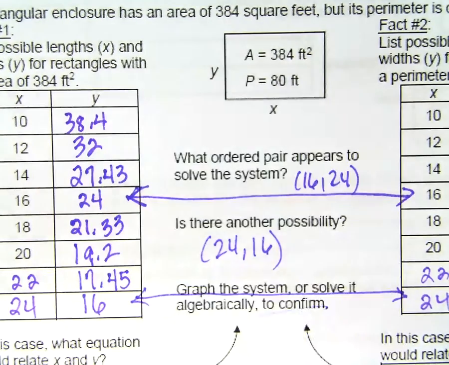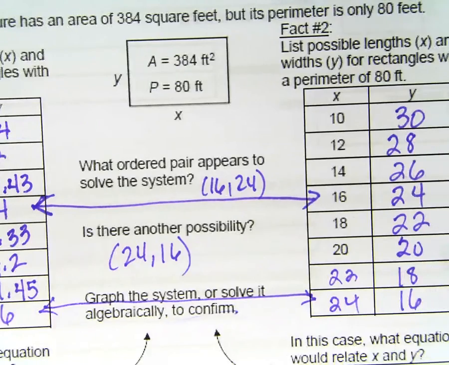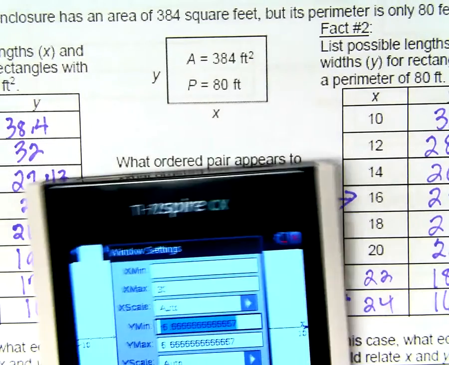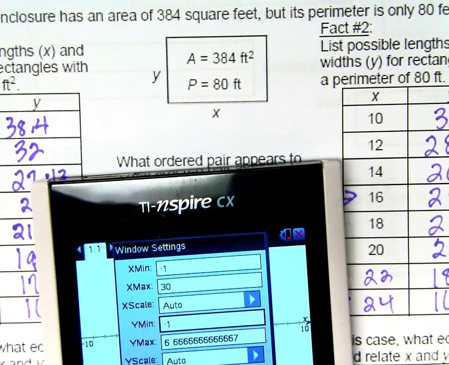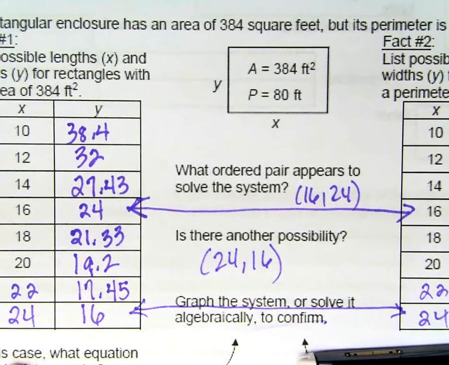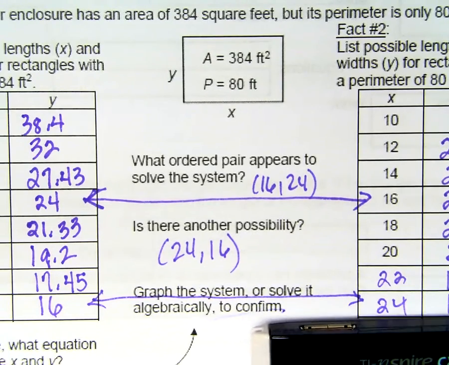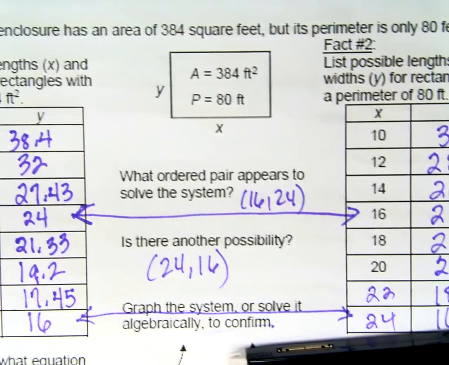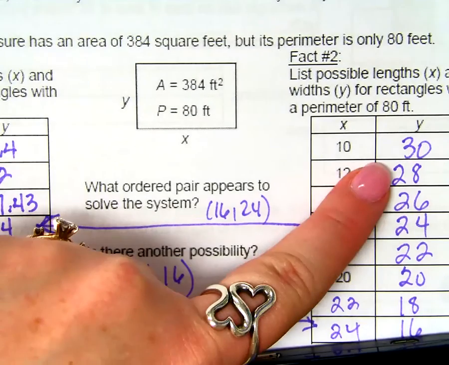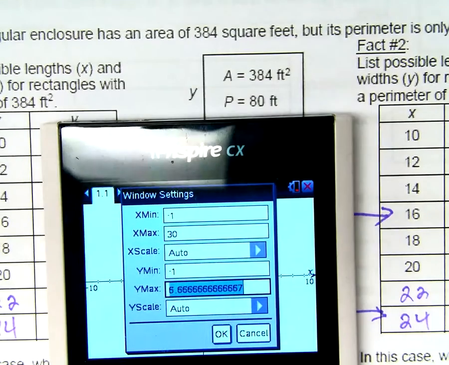What about y minimums? Do I need to go negative? Okay, so negative 1, so I can see the axis. How high do I need to go for my y values? 30 would work for this side, but over here, maybe 40.